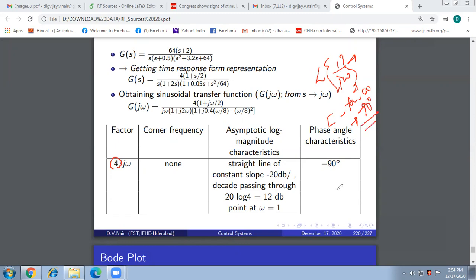Since this is in the denominator, a pole at origin, the overall phase contribution by this term will be a constant minus 90 degrees at all frequencies, right?